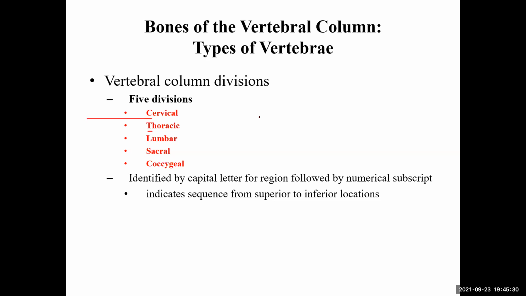There's 12 vertebrae in the thoracic division there. If I want to refer to it, I would call that vertebrae T5. And then you would know that I was talking about the 5th thoracic vertebrae. There's 5 vertebrae in the lumbar spine. So if I wanted to talk about the last lumbar vertebrae, I would say L5.